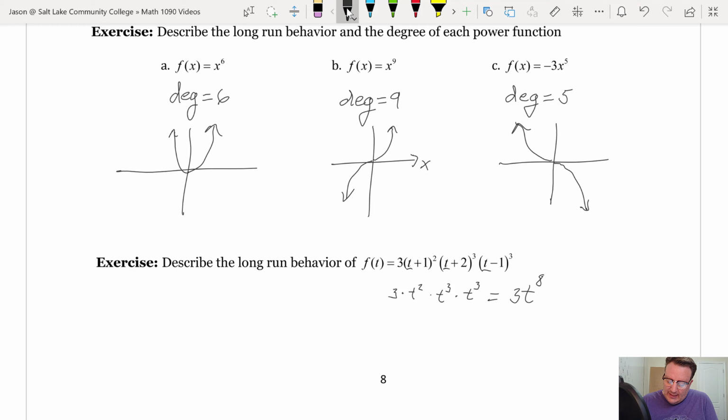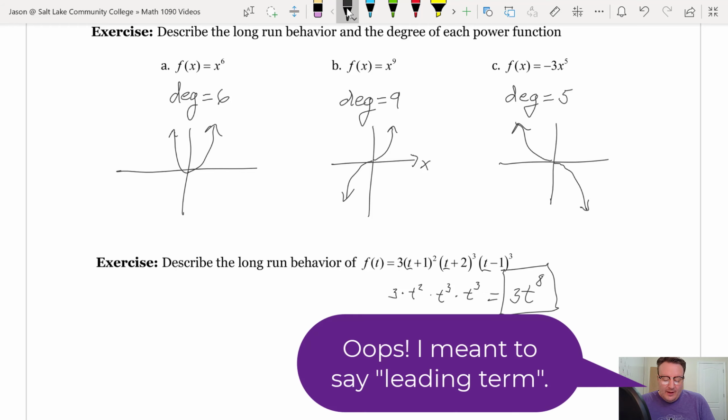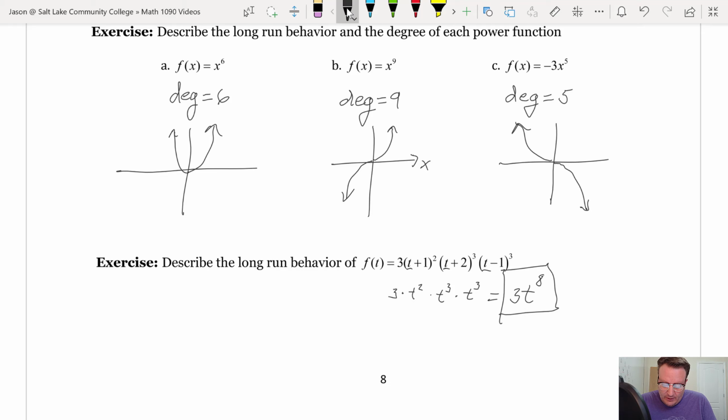So this is the leading term of this polynomial, and this is all I need in order to determine the long-run behavior of the polynomial function. Okay, so it is even degree, and so the long-term behavior will be up. And because the coefficient is positive, it's even degree and positive, so the long-term behavior will be up.